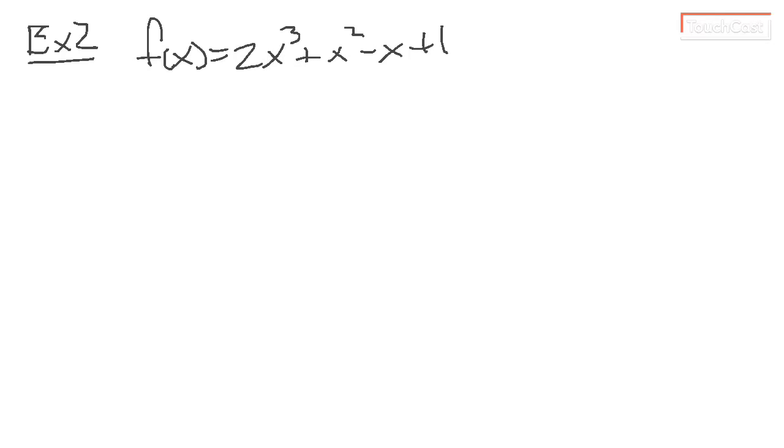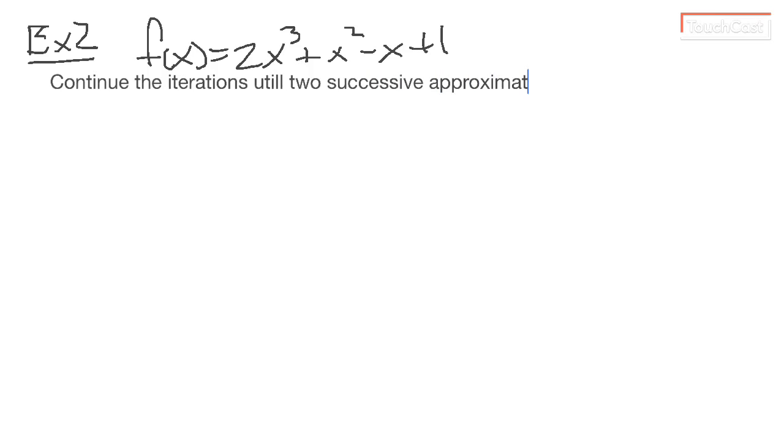Part of what we're looking at here is continuing the iterations until two consecutive or successive approximations differ by less than 0.0001.